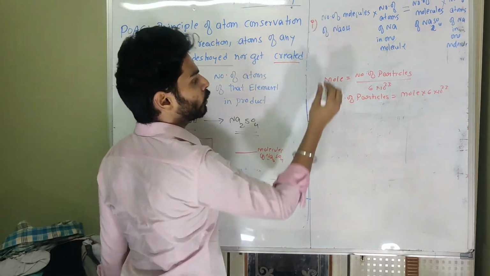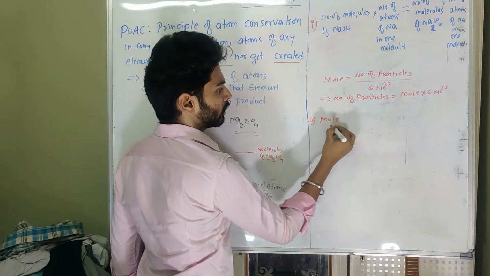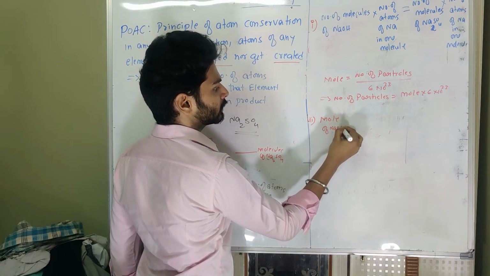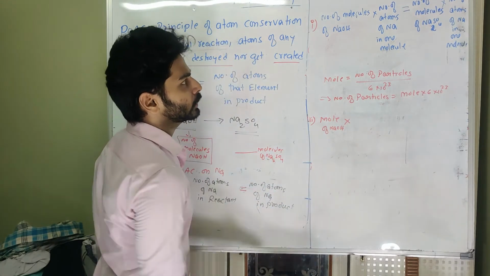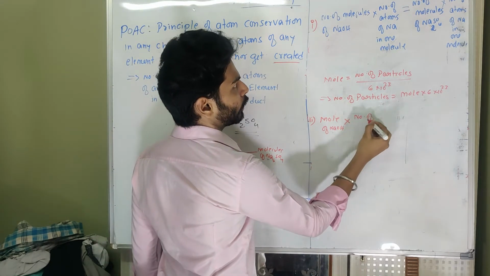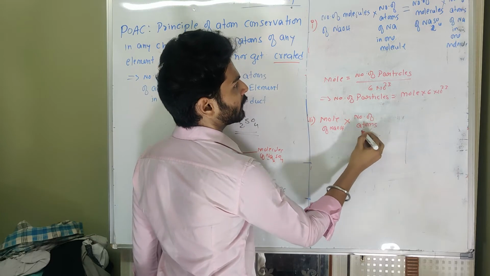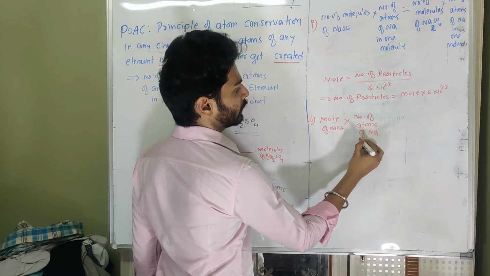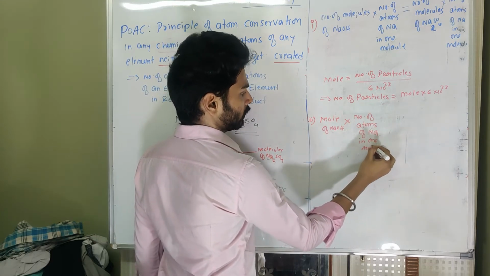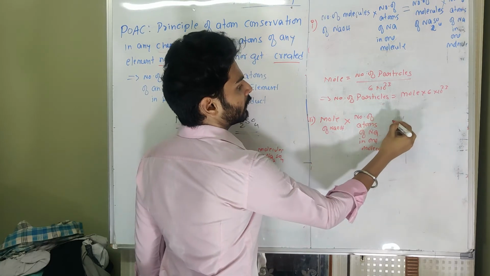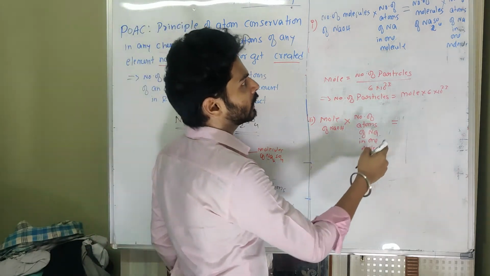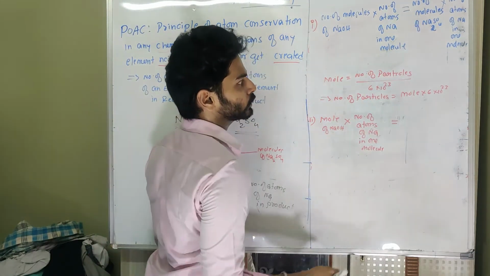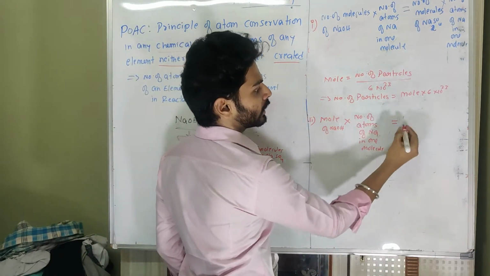So mole of NaOH into 6 into 10 raised to 23 into number of atoms of sodium in one molecule, equal to, the number of molecules of Na2SO4 will also be mole into 6 into 10 raised to 23.